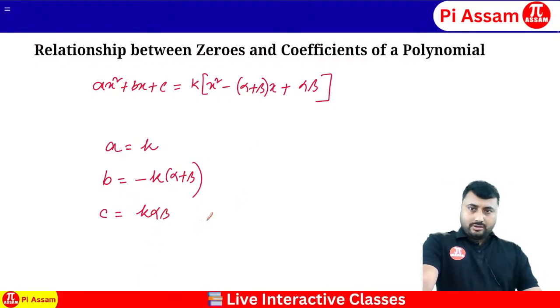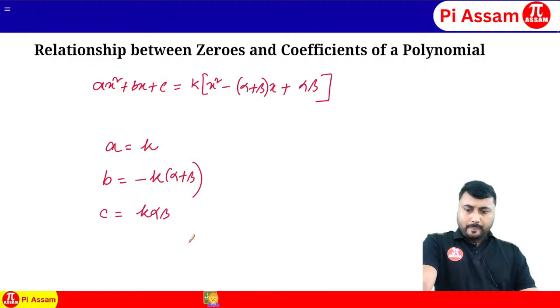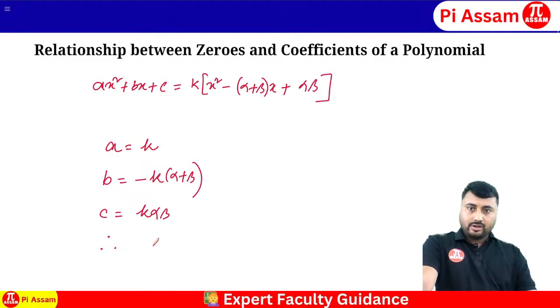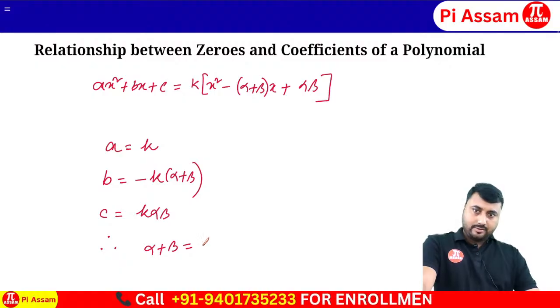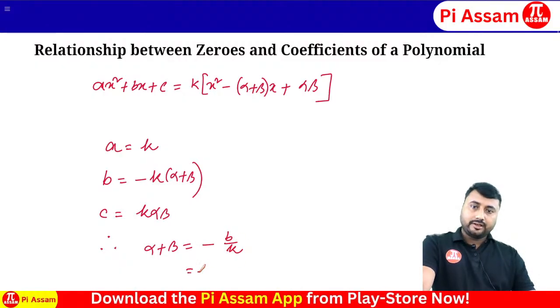So therefore, alpha plus beta is equal to minus b by k. So what is k? It will be minus b by a.